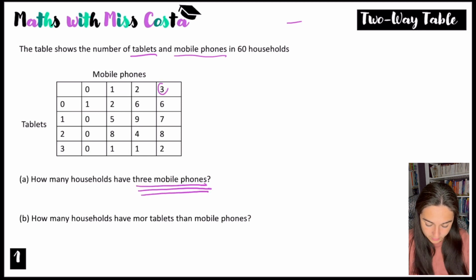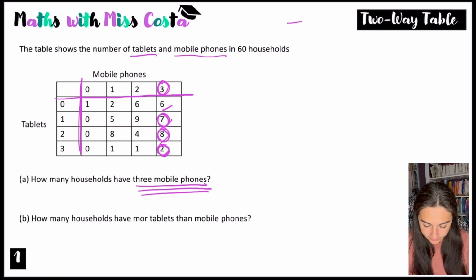Okay, so this is the column for 3 mobile phones. So 6, so maybe that normally would have been highlighted so that it's separate. Okay, so 6 households have 3 mobile phones and 0 tablets. 7 have 3 mobile phones and 1 tablet. 8 have 3 and 2, and 2 have 3 and 3.